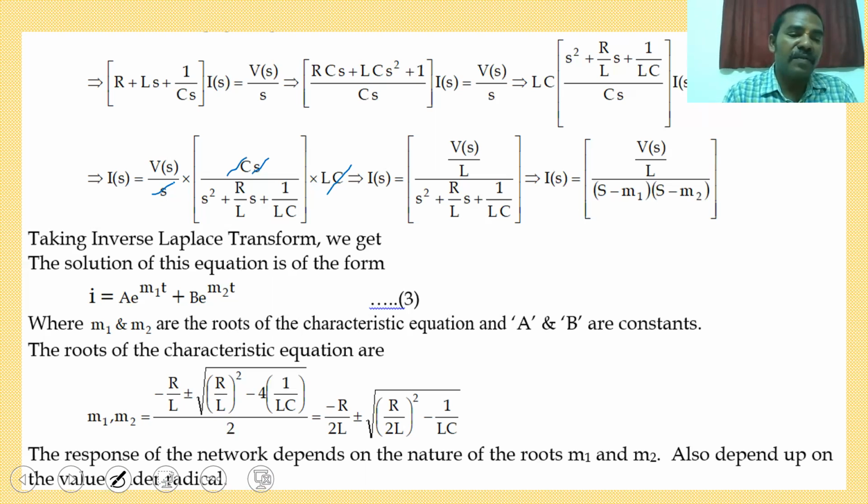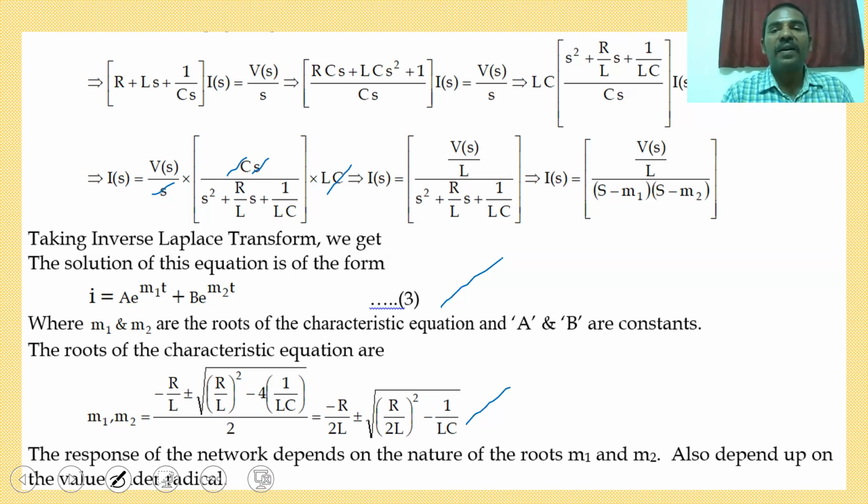The roots of the equation you already got from the basic equation of the time domain analysis also, that is minus R by 2L plus or minus root of R by 2L whole square minus 1 by LC. So the complete solution can be represented as I is equal to A e power m1 t plus B e power m2 t. Like that you have to go for the solution of the RLC series circuit under DC excitation.